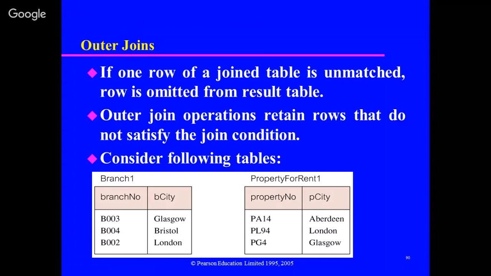Now, if I actually do a join, how many rows will be there in the output? If you have understood joins, you should be able to answer this. If I do a join between branch 1 and property for rent, how many rows will be in the output?